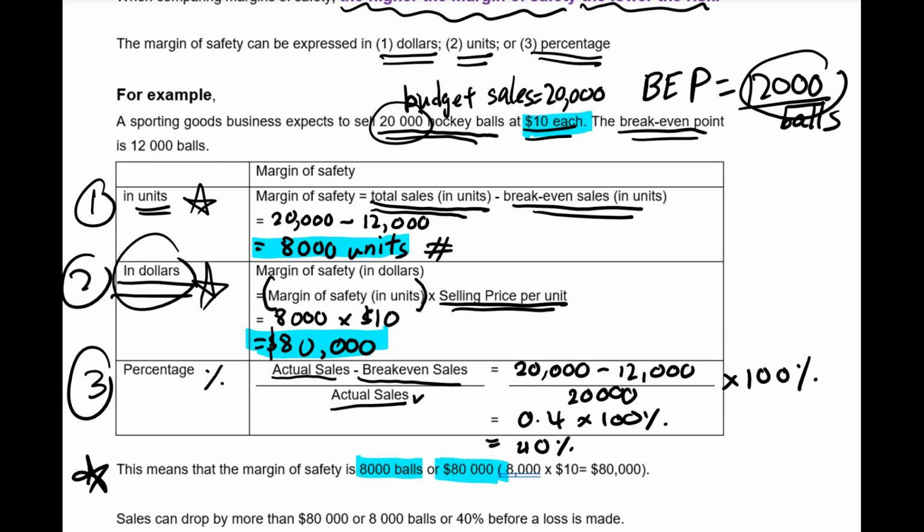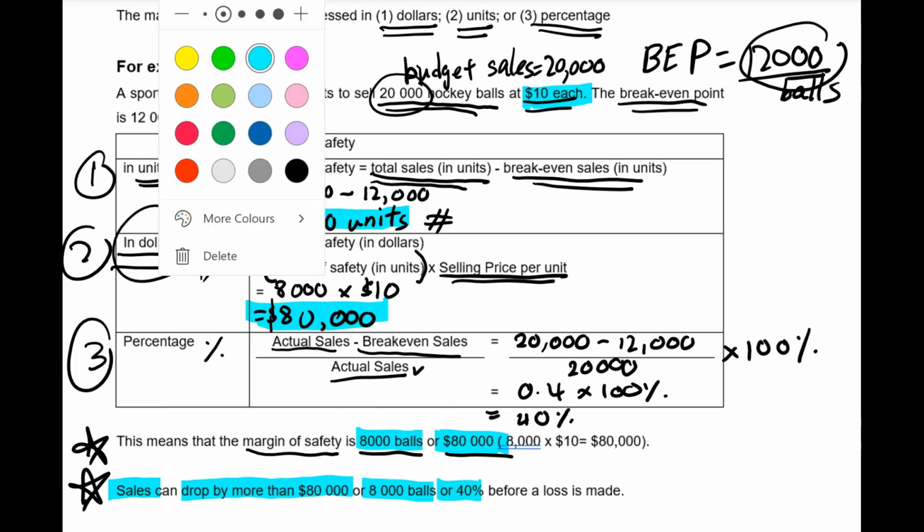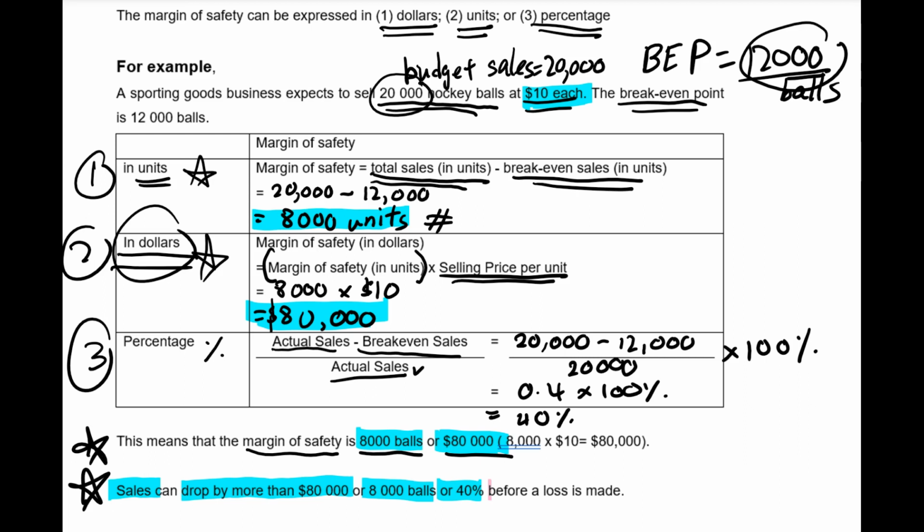This means that sales can drop by up to $80,000, or 8,000 balls, or 40% before a loss is made. So before you make a loss, your sales must drop by more than $80,000, or 8,000 balls, or 40%.